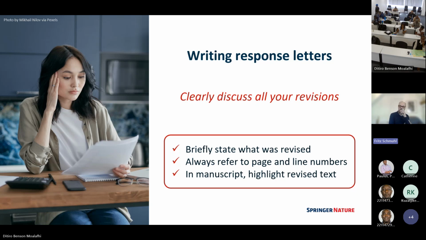So once you get back those review comments, you have to work through them, and then write a response letter in which you touch upon all the comments that were sent to you. It is important to work through each of those comments.